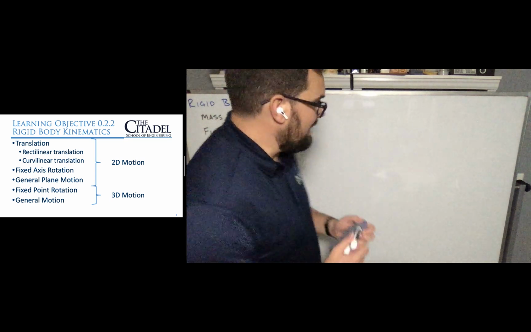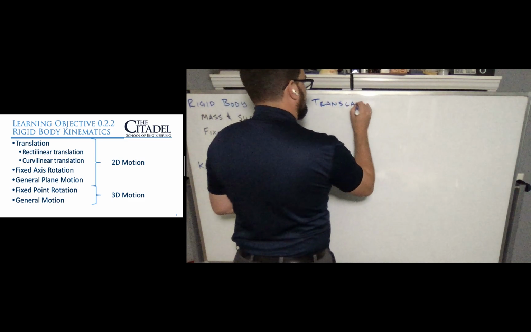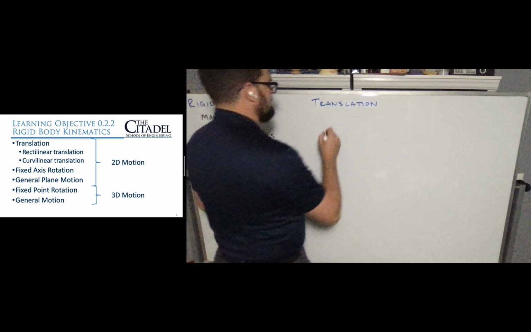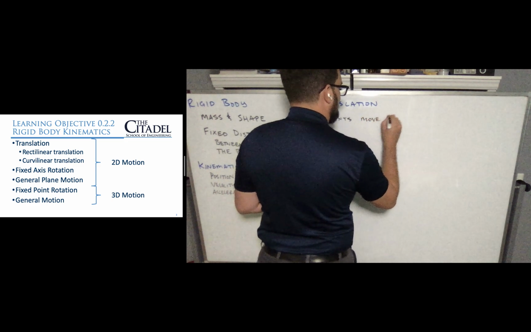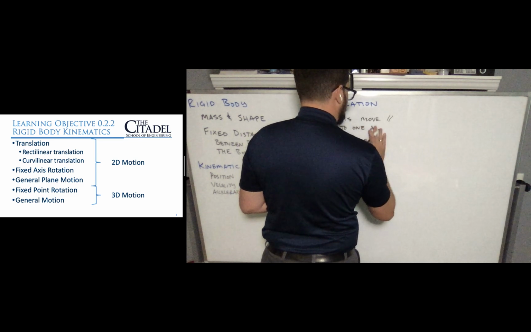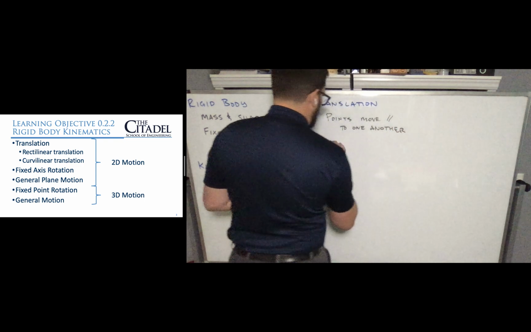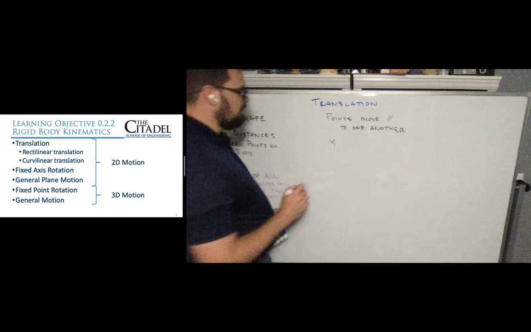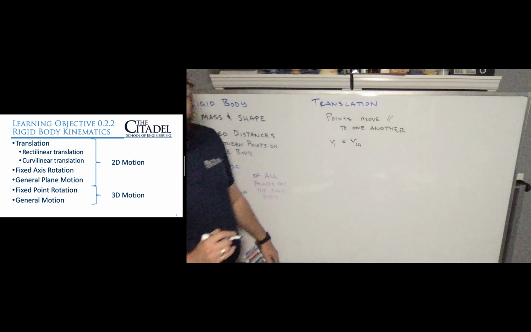And so when we think about translation, when we say something is translating, what we're saying is that the points move parallel to one another. Now, what's great about this is that it means that the velocity or the acceleration or the motion for any given point on the body is equal to that of the center of gravity.